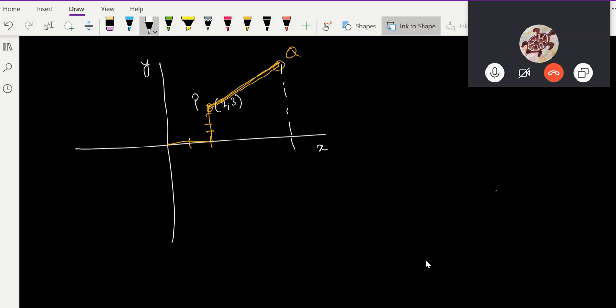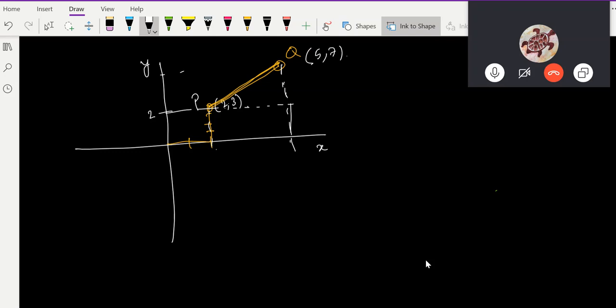And to use the Pythagoras theorem, I need a right triangle, so I extend the coordinates of P and Q on the x and y axes. This is the x coordinate of P, which is 2, and the y coordinate of P, and let's say Q is 5 and 7.